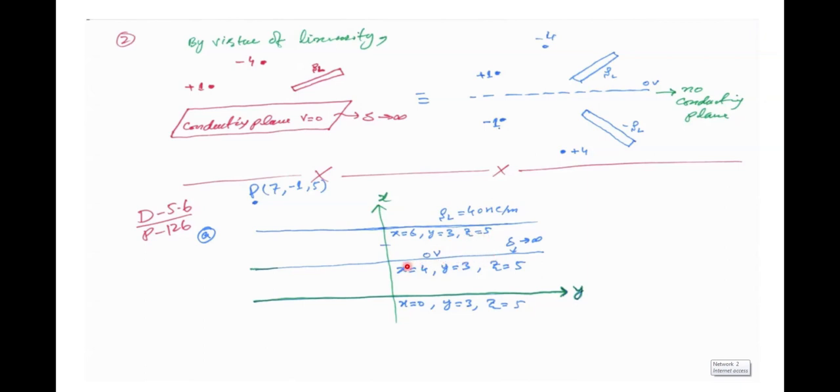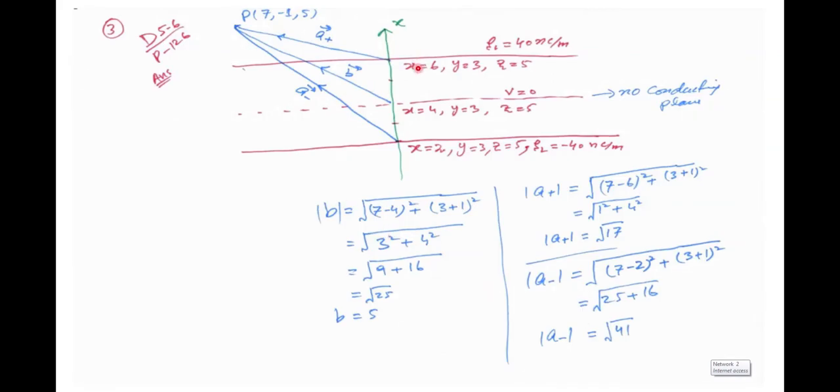And the conducting sheet having zero potential is located at x equal to 4, y equal to 3 and z equal to 5, and x equal to 0 is located at y equal to 3 and z equal to 5. So let us apply the image theory to this problem to define the potential and electric field due to the line charges.